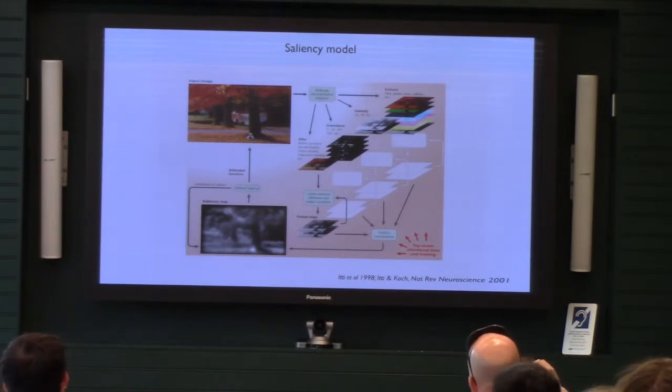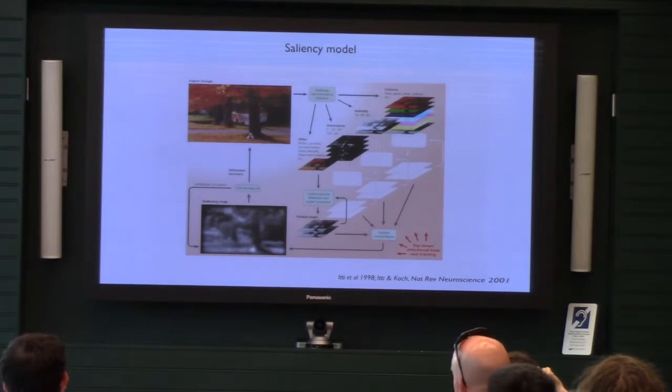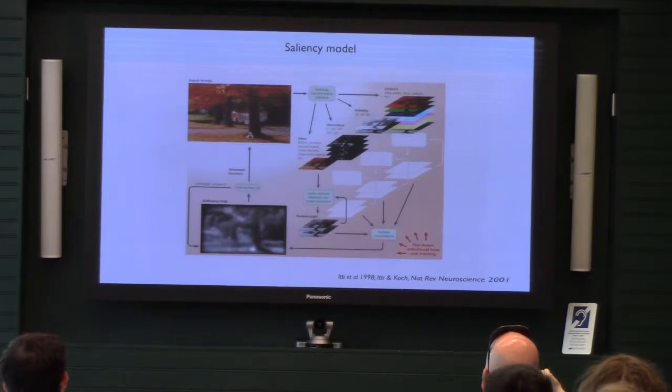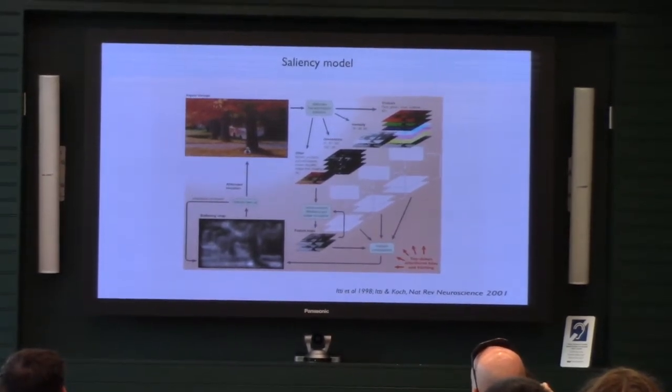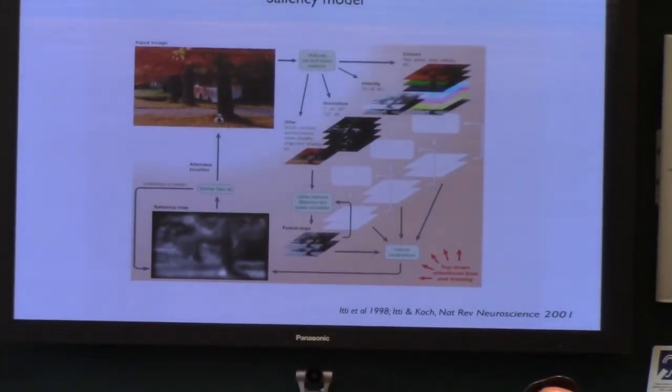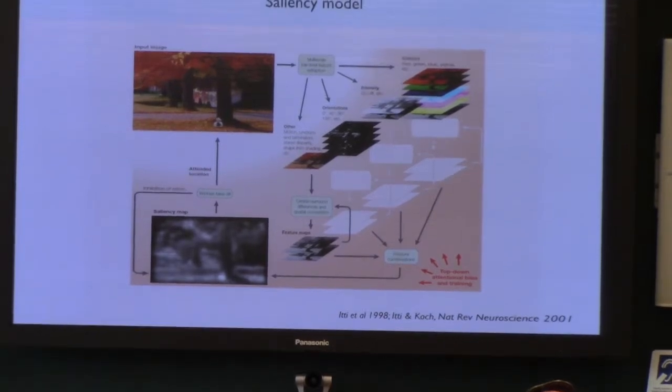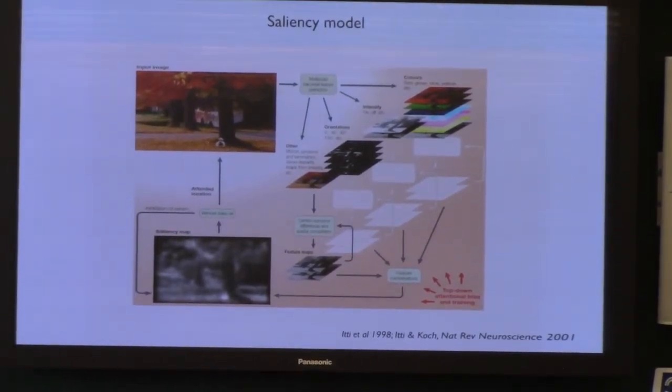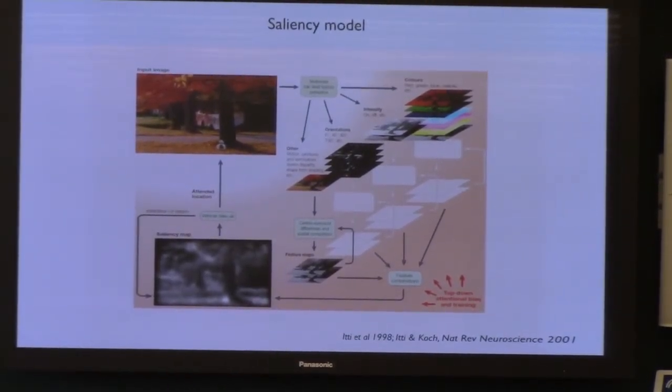In this model, you have this image, and again, you want to find the most salient location, which you basically want to use to describe, if you show this image to different people, where they are actually going to look. So you want to describe their eye movement behavior.